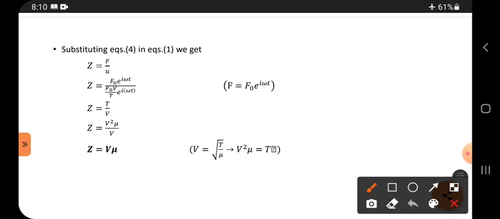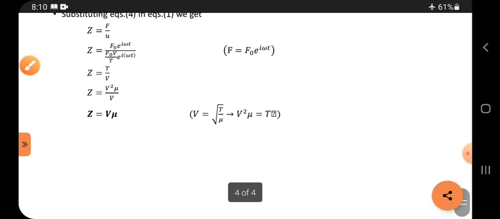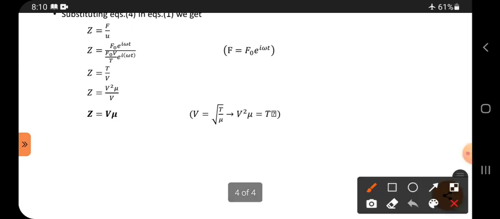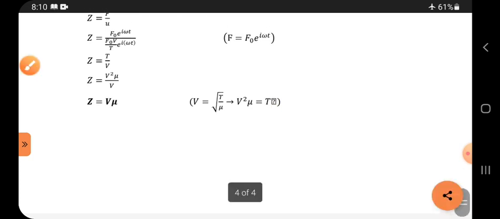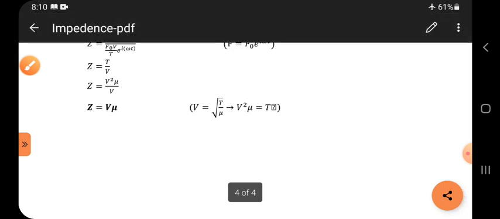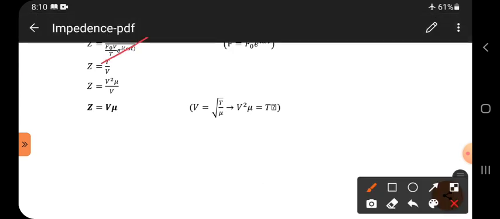According to the formula, v is equal to root of T by mu, so v square mu is equal to T only. Then substitute in the place of T, T is equal to v square mu, and v gets cancelled. This is the impedance equation.